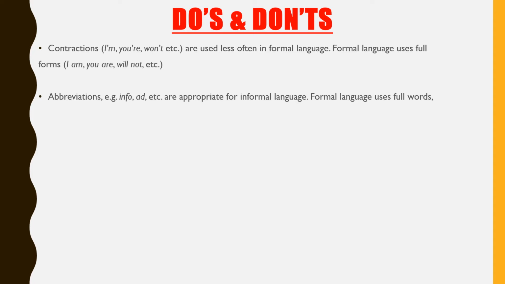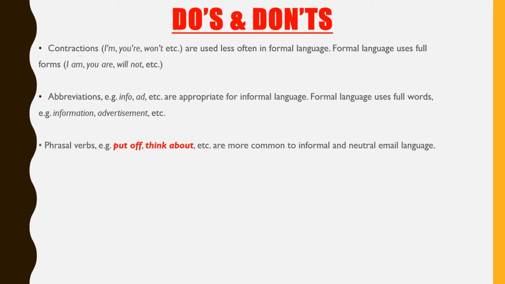It's better to avoid abbreviations in a formal email. So it's better to write information rather than info, advertisement rather than ad, as soon as possible rather than ASAP. The third point is about phrasal verbs. They are more common to informal and neutral email language. It's better to avoid them while writing a formal email.